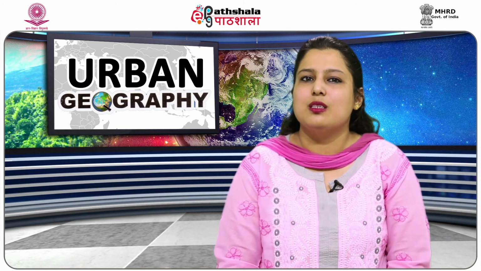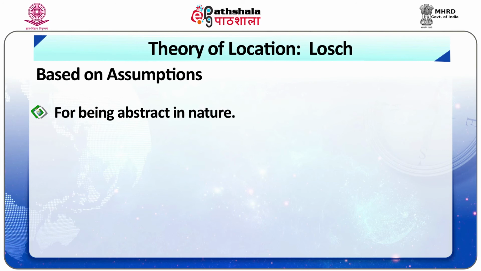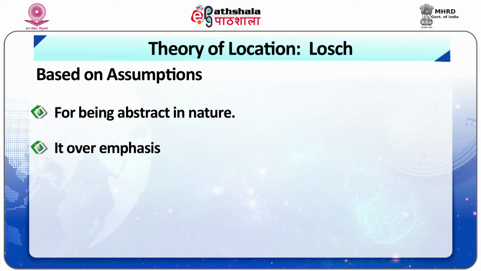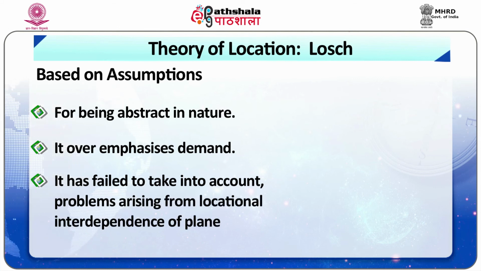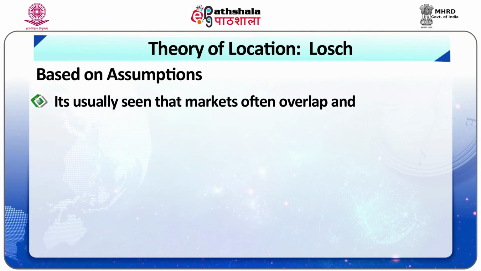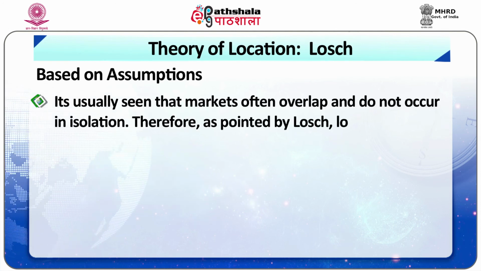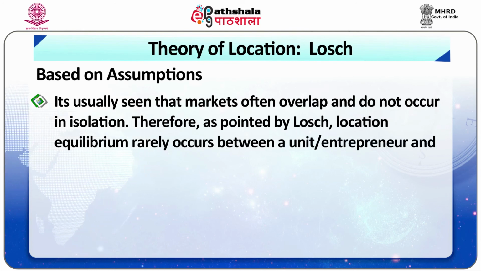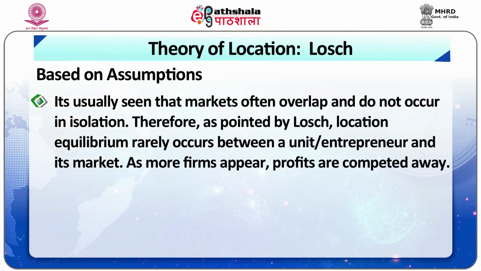Losch's theory has been criticized for being abstract in nature. It overemphasizes demand. It has failed to take into account problems arising from locational interdependence of the plane. It is usually seen that markets often overlap and do not occur in isolation. Therefore, as pointed out by Losch, location equilibrium rarely occurs between a unit, entrepreneur and its market.